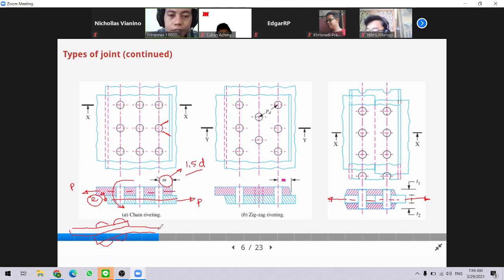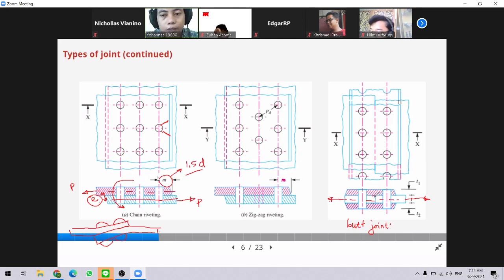In order to avoid this kind of eccentricity, some designers choose the butt joint instead of the lap joint. Butt means the combined plates meet each other in a single line.